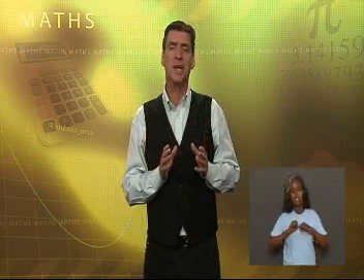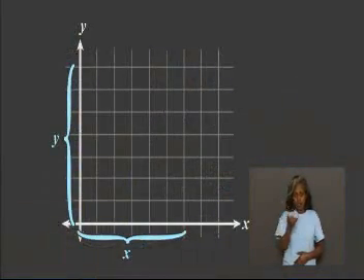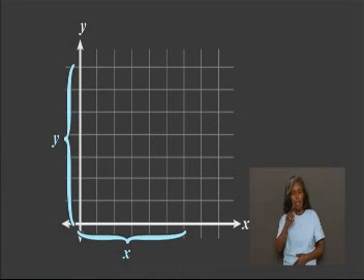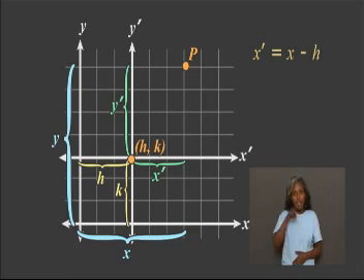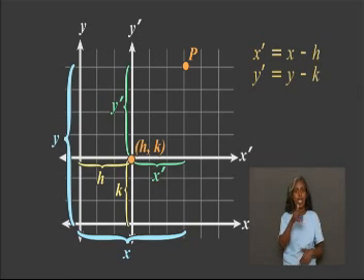What if P does not lie on the origin? Suppose that P has the coordinates (h, k). We can draw a new x prime, y prime coordinate system such that the origin of the new system is at (h, k). x prime equals x minus h and y prime equals y minus k.